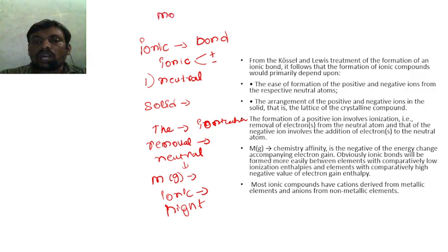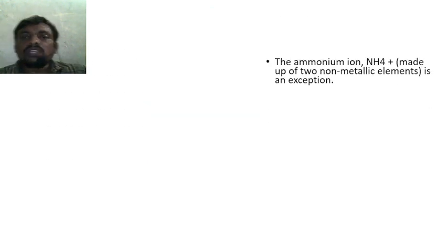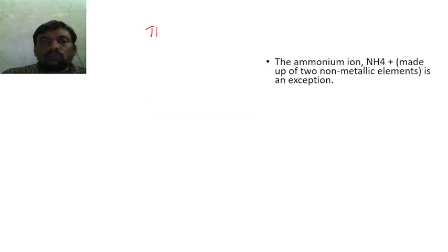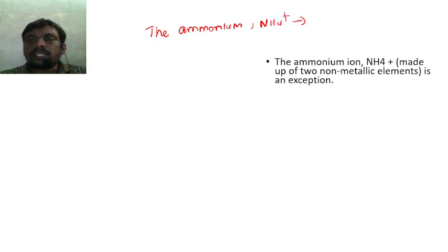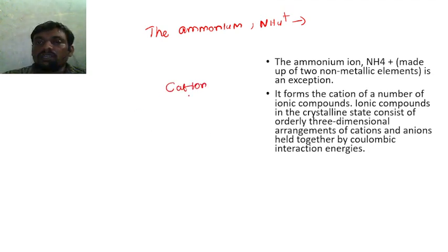So most ionic compounds have cations derived from metallic elements and anions from non-metallic elements. The ammonium ion, NH4 plus, made up of two non-metallic elements, is an exception, as it forms the cation of a number of ionic compounds.